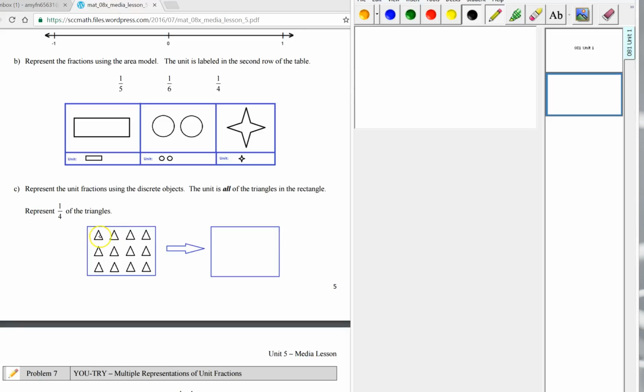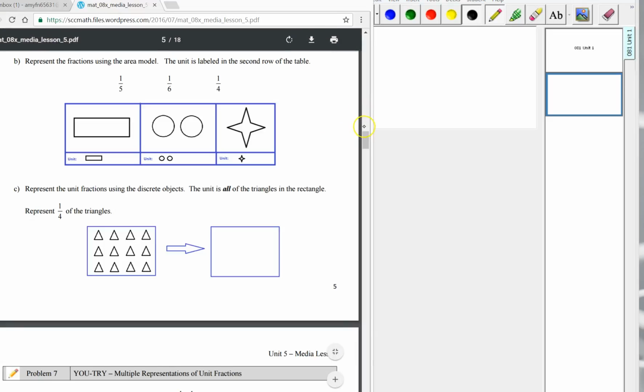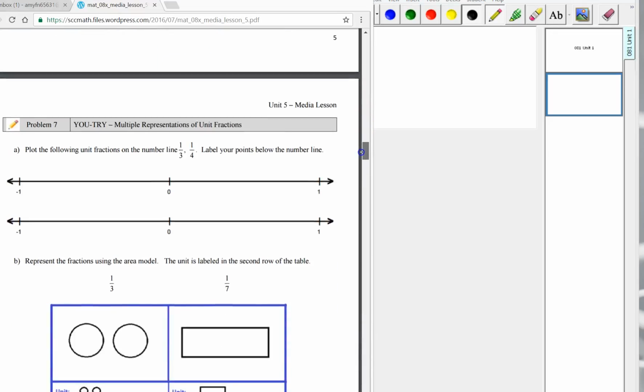They can count 1 out of every 4. So 1 out of this 4, 1 out of this 4, 1 out of this 4. Or you could have them circle groups of 4. You can have them count by 4s, 1, 2, 3, 4, 1, 2, 3, 4, or just ask them to find it and see what they come up with, and then you can share the ideas with the class of different ways of looking at it.